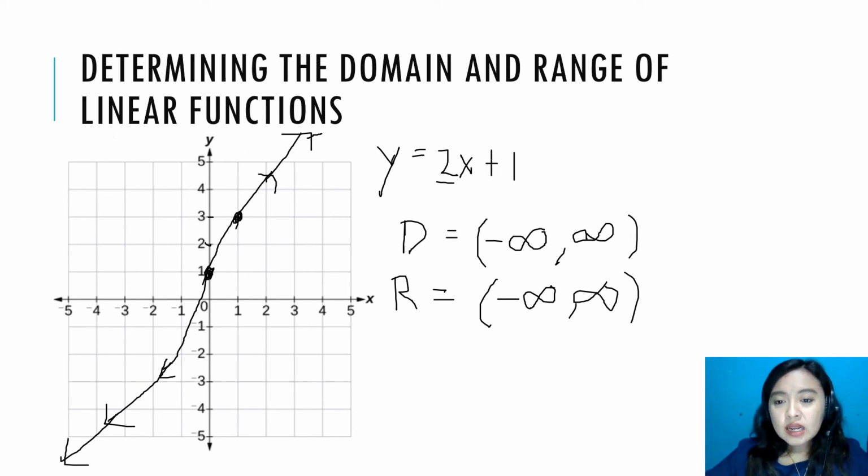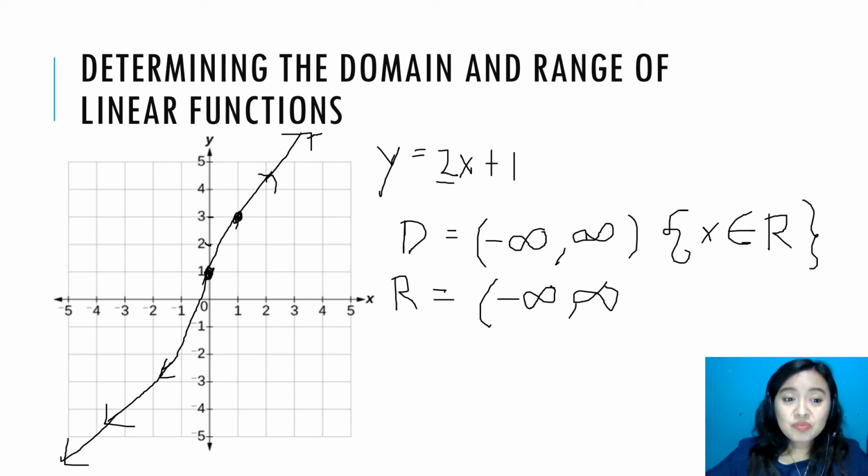So, the domain here can be written as x, any element, this is the element symbol, of the real number system. Since it extends, it has negative integers, it can be 0, it can be positive integers, and all the numbers in between. So, we can simply write that the domain for the linear function is x is an element of R. So, R there represents real numbers.